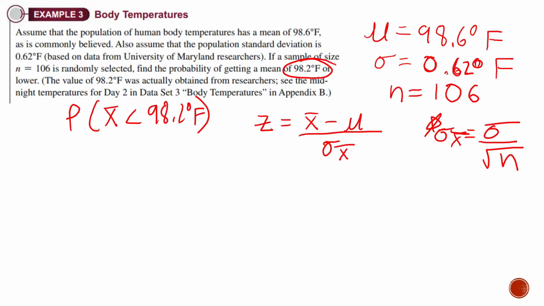Because we're saying what's the probability that the mean is greater than this? Remember, temperature is a continuous distribution, so you don't really need to worry about that. You can treat less than and less than or equal to as basically the same thing. For a continuous distribution, the probability that you choose exactly any value is basically 0.